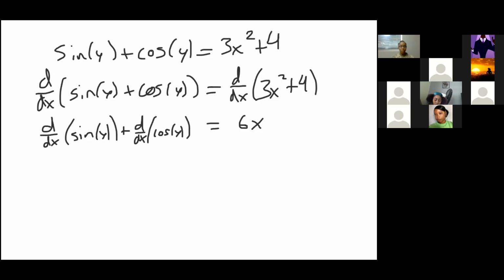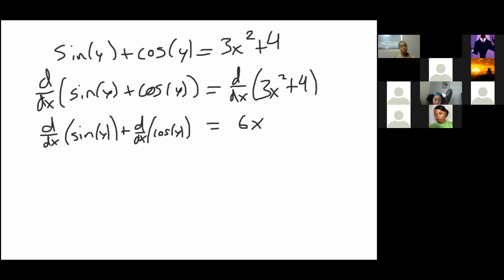And again, here I'm going to have to apply the chain rule because inside of both my sine and my cosine function, I have something that is not x. Right? It is y. It is related to x in some way, but it is not just x.